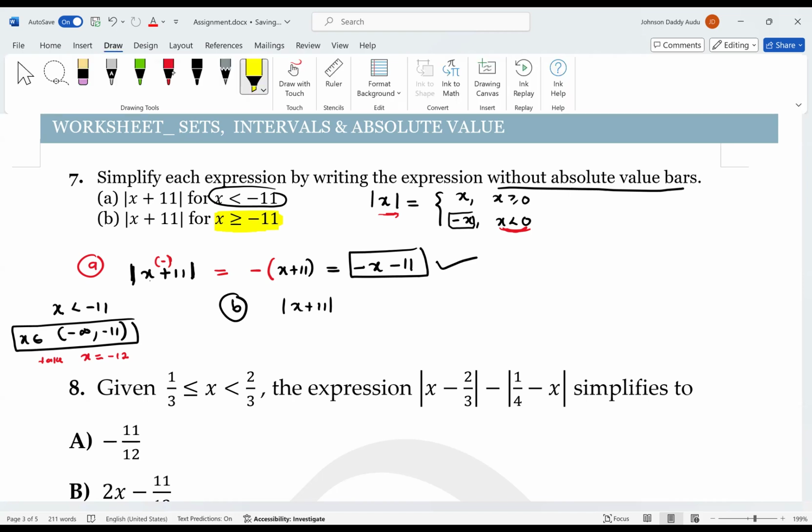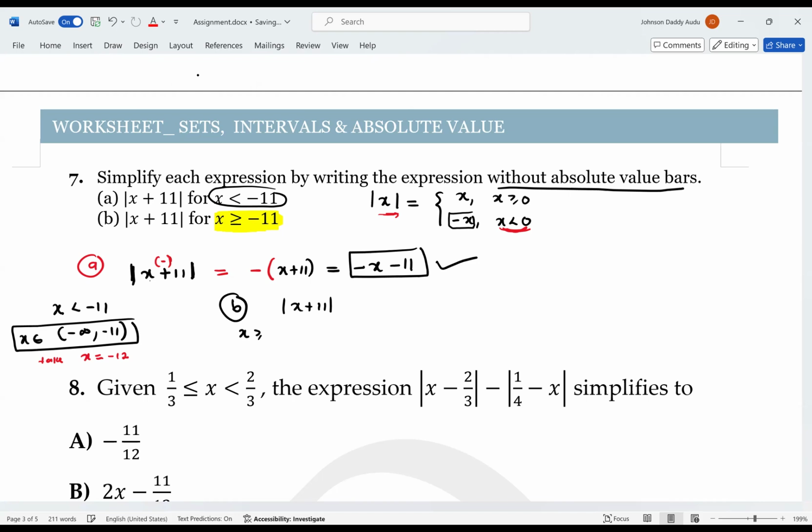So all you need to do is know what that means. When we say x is greater than or equal to minus 11, this simply means you are from minus 11, closed, to infinity.